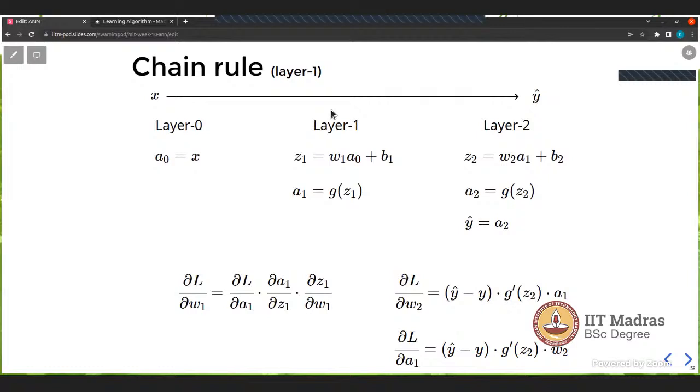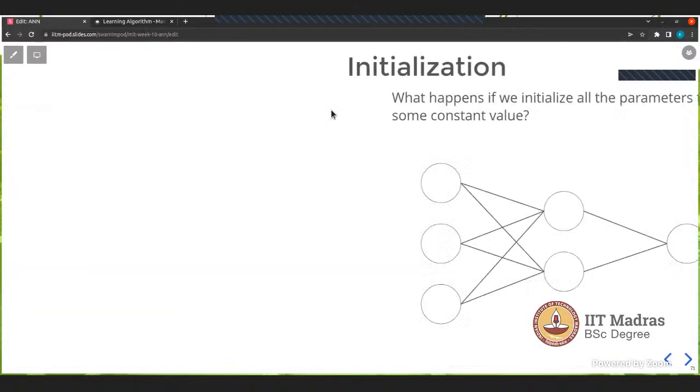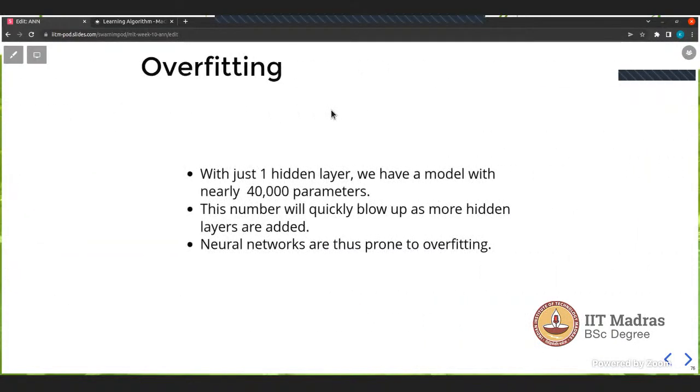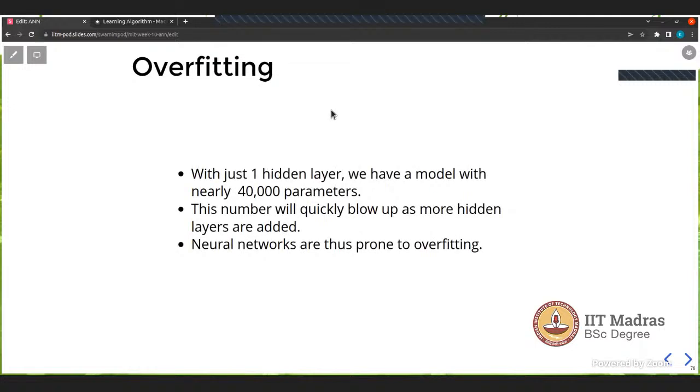We are initializing in a way that ensures the weights are very close to 0, on either side of 0, because they are picked from a standard normal distribution, and at the same time we are saying we shouldn't initialize the weights to 0. See, the point is that you should not initialize all of them to be the same value.